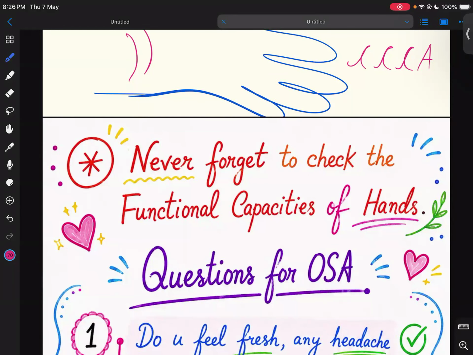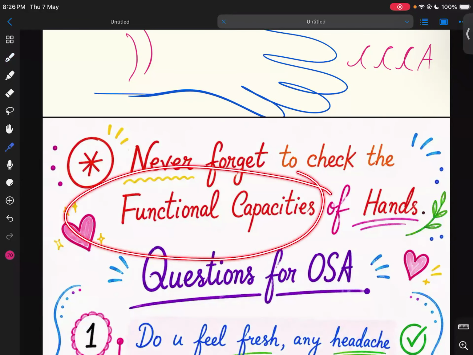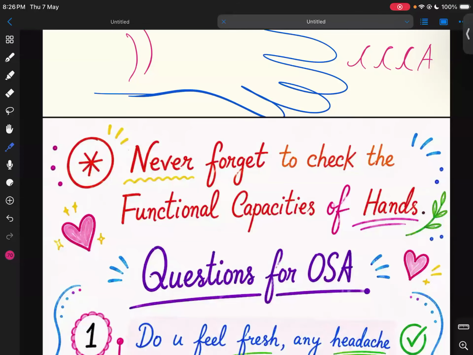So from the physical examination, to rule out the complication of hand pain, we have to check the functional capacity. Because in the UK, if the patient is not able to do the activity, you have to offer some professional help in terms of social worker, not social worker, it will be occupational health worker. That is why you have to show in front of the examiner that you are checking the functional capacities.